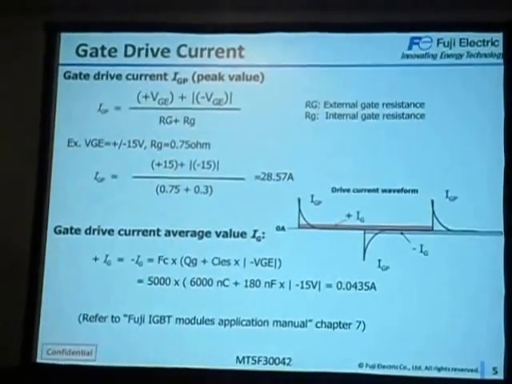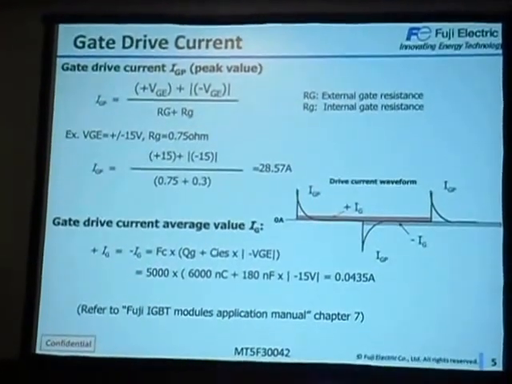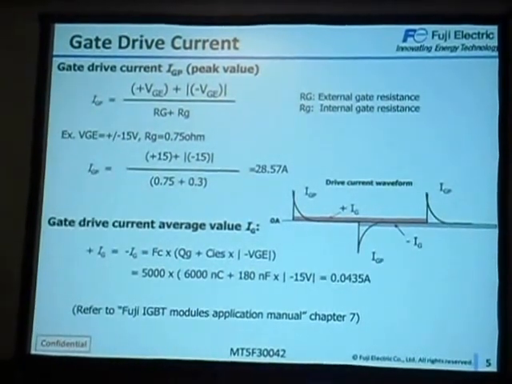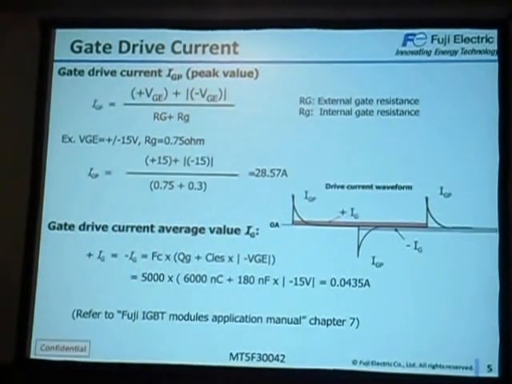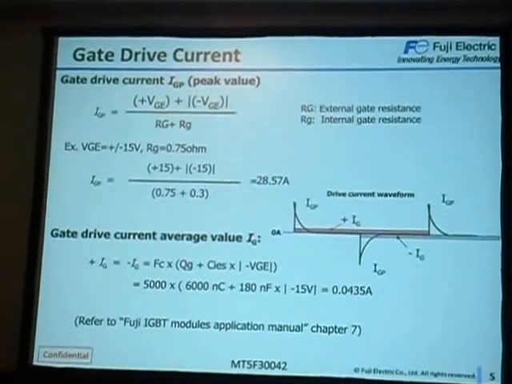And then gate driving current. To drive the IGBT modules, sufficient power is required for the gate power supply. This slide shows an example of the calculation of the gate current.